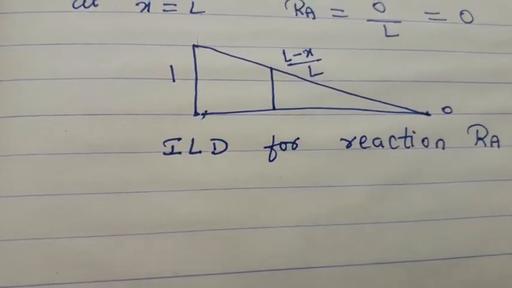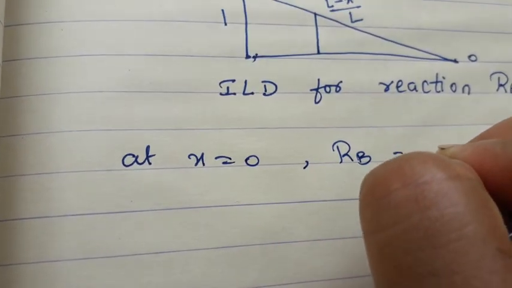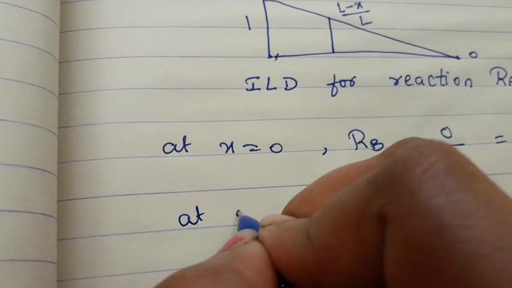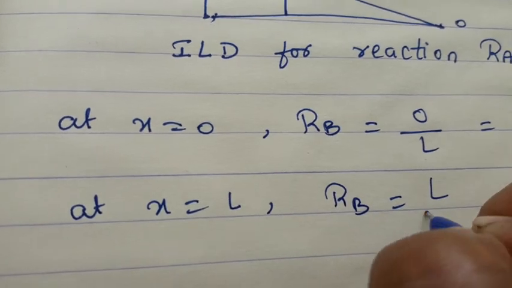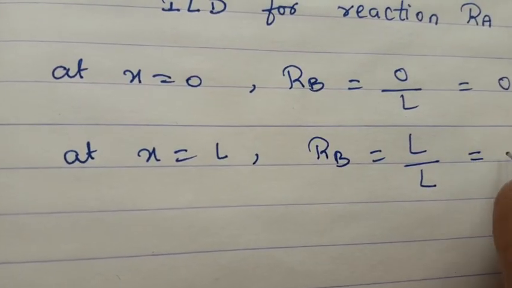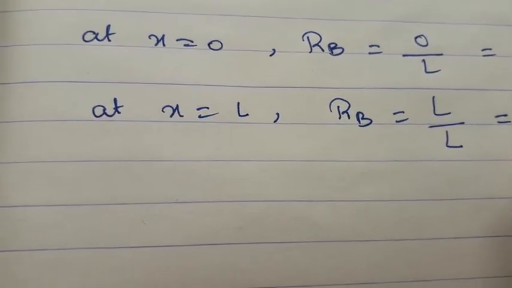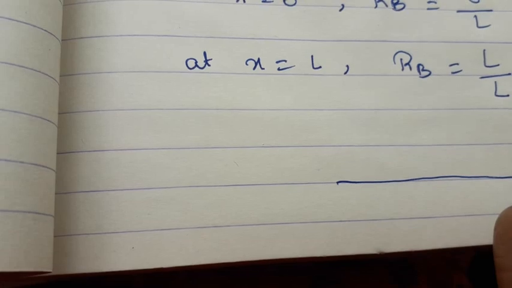In the same way for RB we have to do. At x is equal to 0, RB is equal to 0 by L, which is 0. At x is equal to L, RB is equal to L by L, which is equal to 1. So, when I draw an influence line diagram for this, it will be like this.